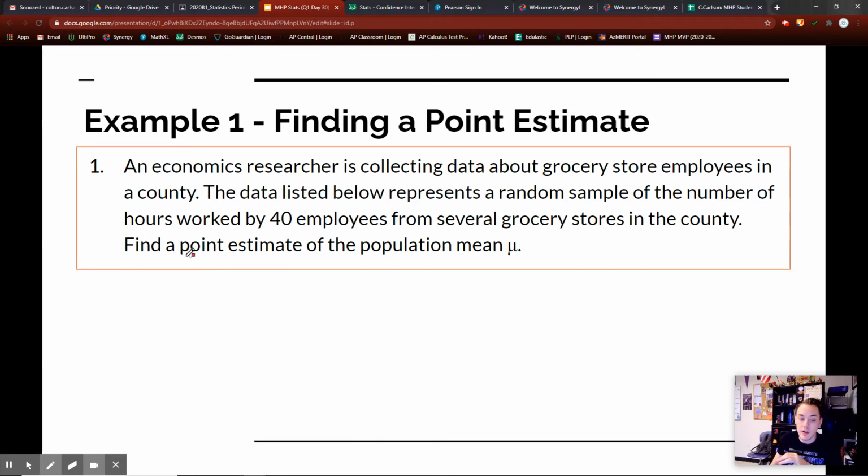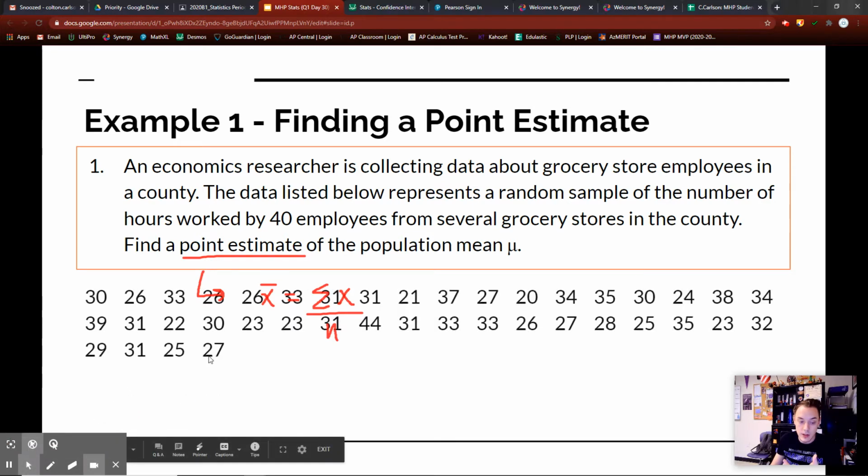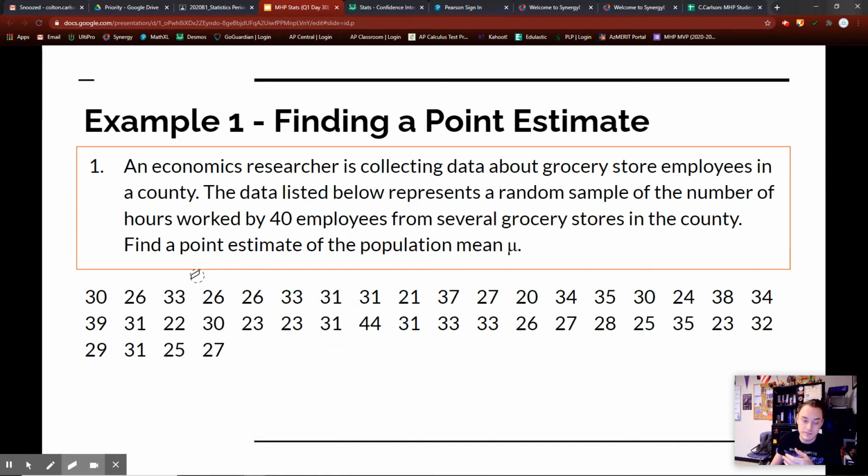So we want to find what we call the point estimate. So the point estimate is really just the mean. And this is your x bar equals sigma x over n. I add all of my x values up and I divide by n. That's what that symbol means. Oh, shoot. I guess I did have them. So they are shown below. But at any rate, my point estimate is still this. So go ahead and add them all up.